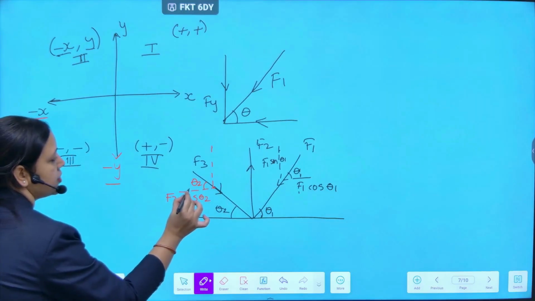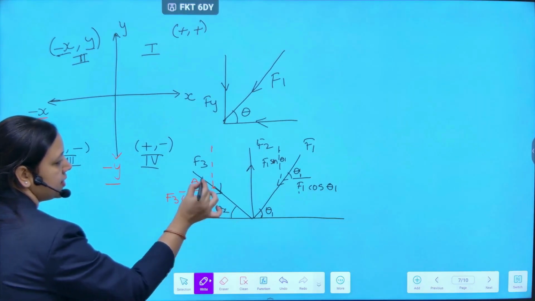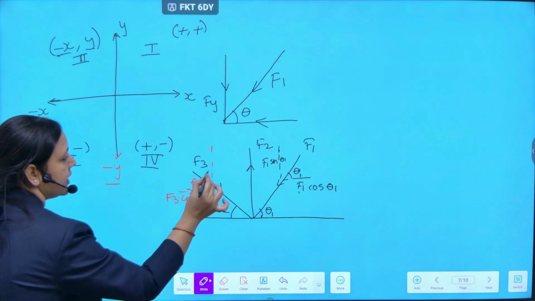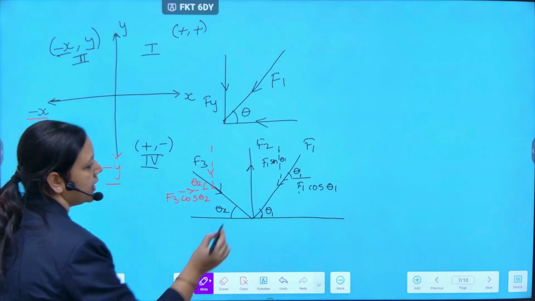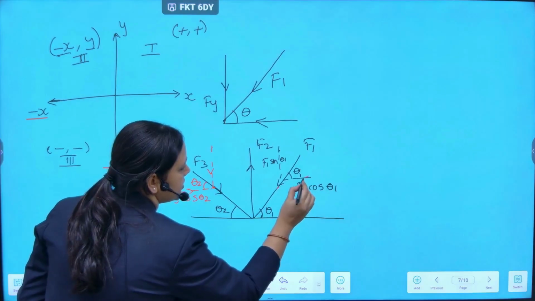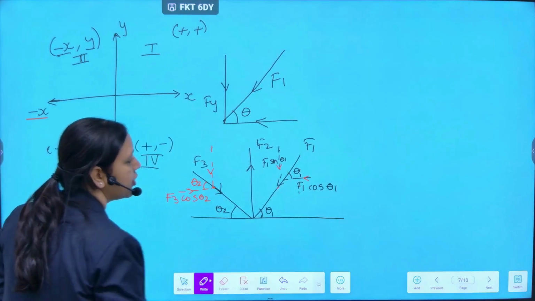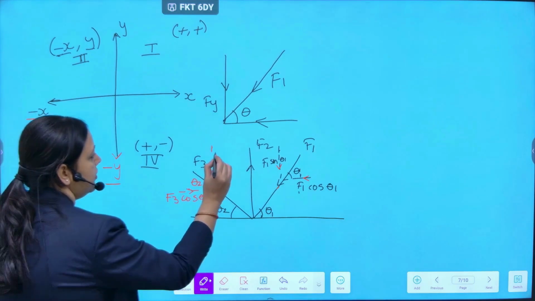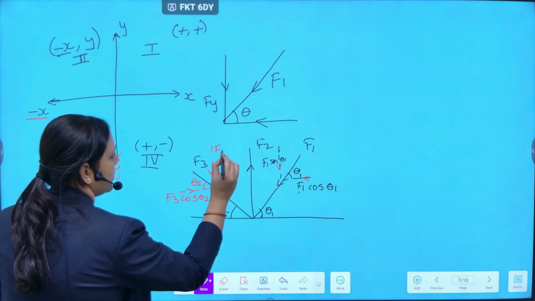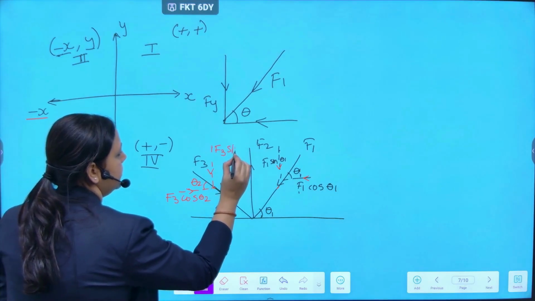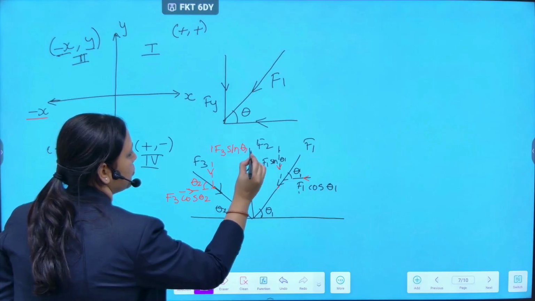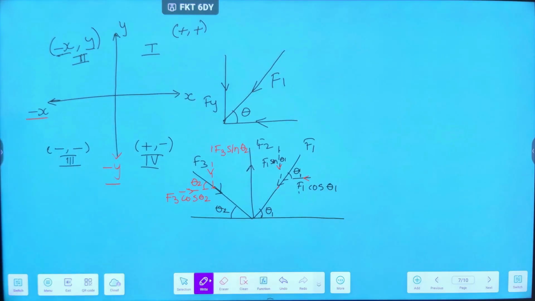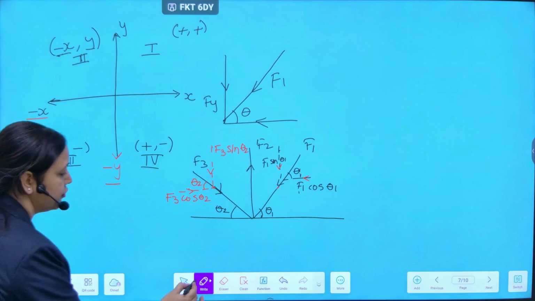This is the horizontal component. The direction is moving inwards. Here also it is moving inwards. The direction of the forces are moving inwards. Now this will be resolved and we get F3 sin theta 2. So this is how we are resolving the forces.